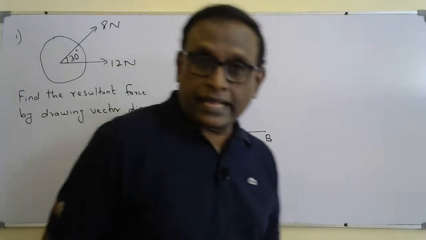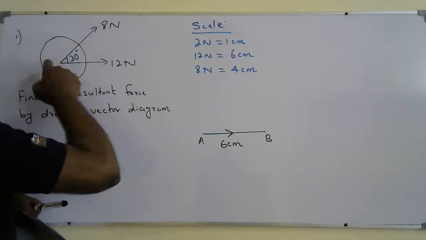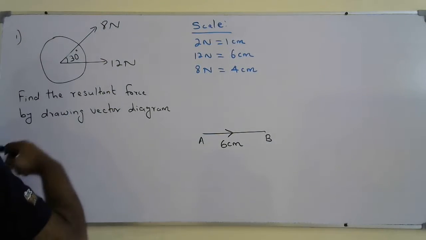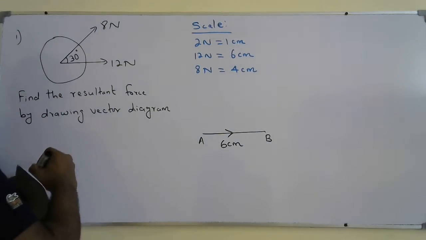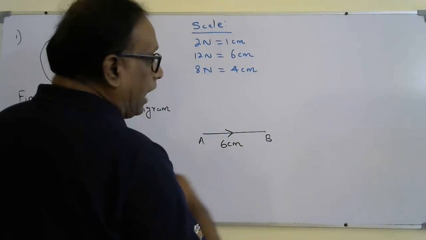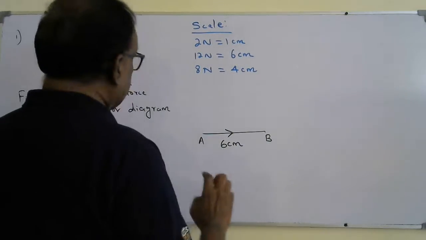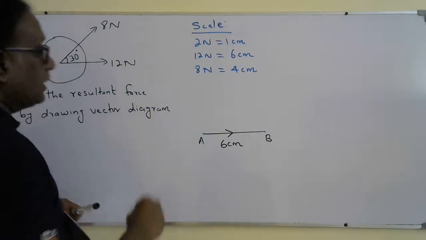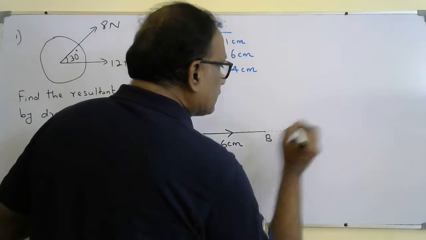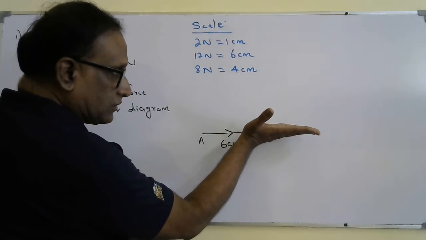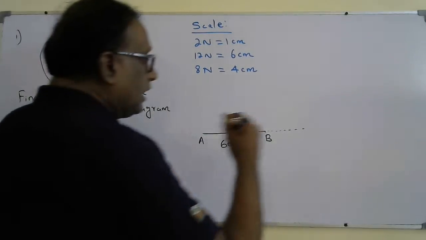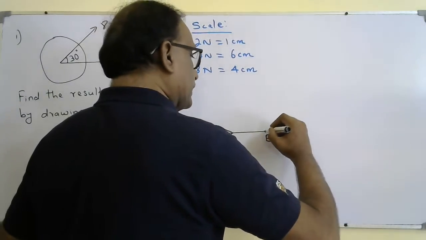So how do we identify its direction? You can see that the 8 Newton force is in the anti-clockwise direction, 30 degrees from the 12 Newton. So from B, I should extrapolate the line AB, and from this line I should measure 30 degrees in the anti-clockwise direction to represent 8 Newton, and draw a line of length 4 centimeter.